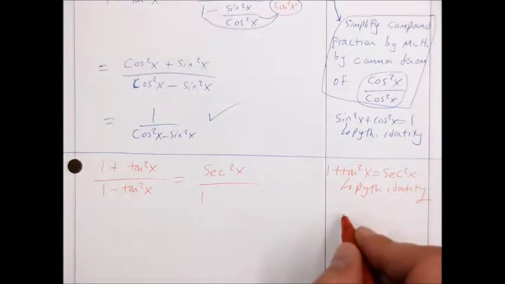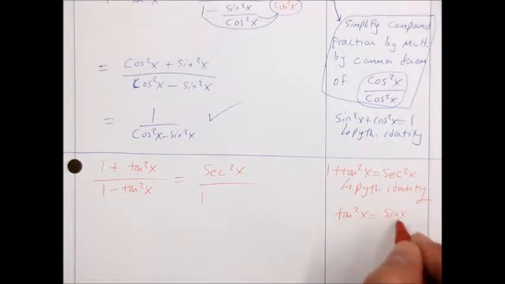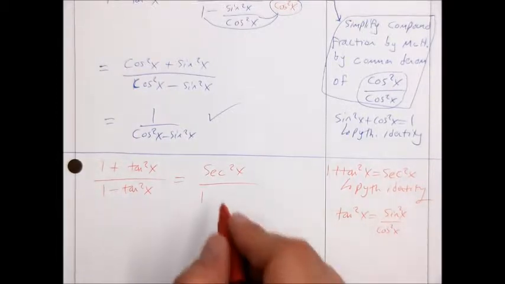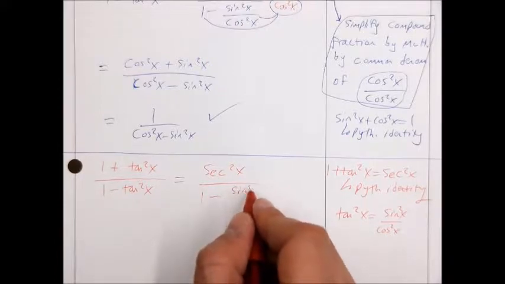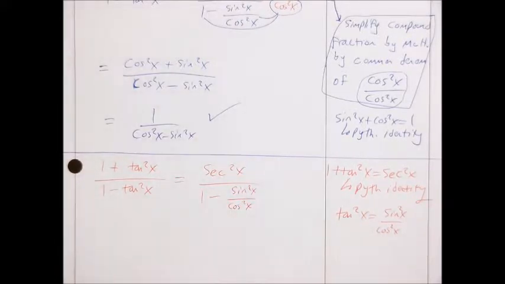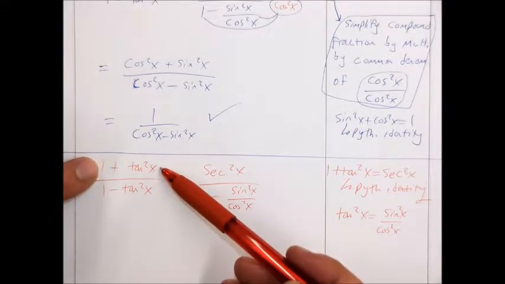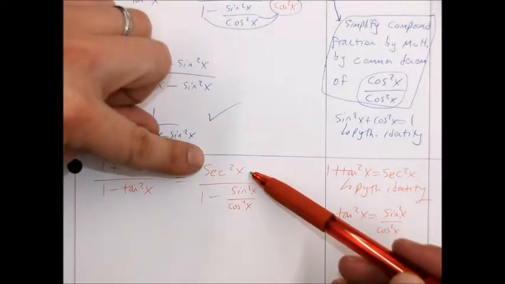And let's go ahead and change tangent to sine over cosine while we're at it. And so let's make both those substitutions and just see that we can get to the same answer doing a slightly different approach, right? So instead of doing sines and cosines in the numerator, let's just say you saw that identity instead.